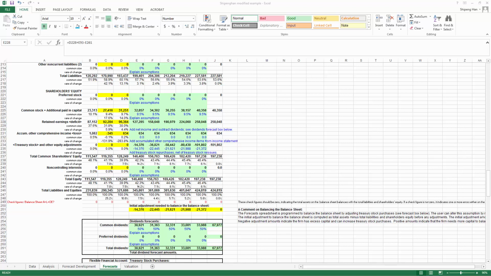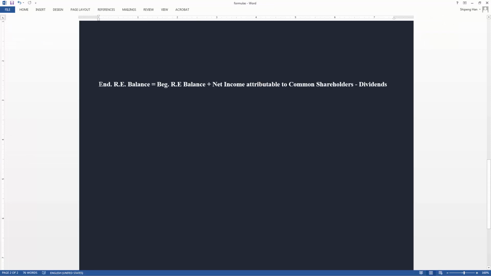Let me show you the formula. You will learn this in financial accounting: ending balance of retained earnings equals the beginning balance plus net income minus dividends. Here we use net income attributable to common shareholders, as I said, because some profits are attributable to non-controlling shareholders.